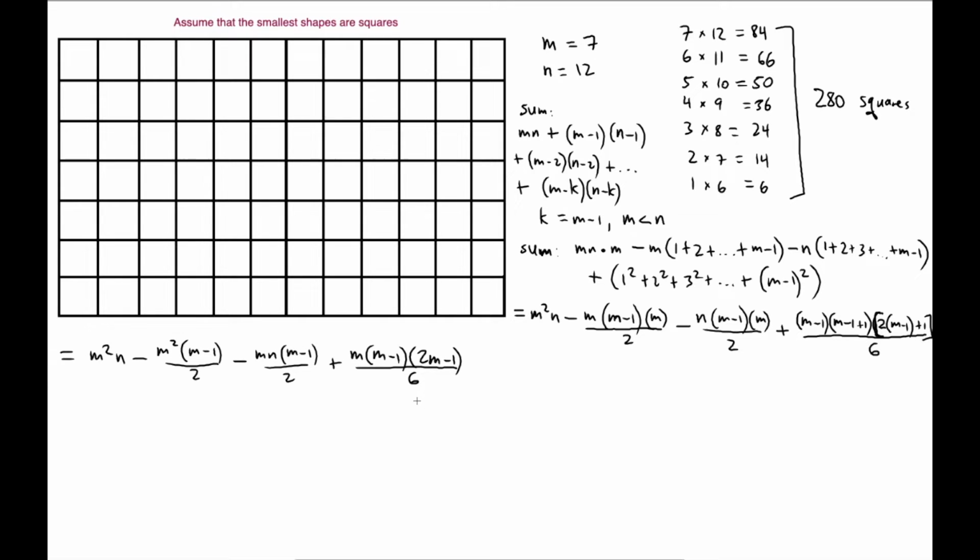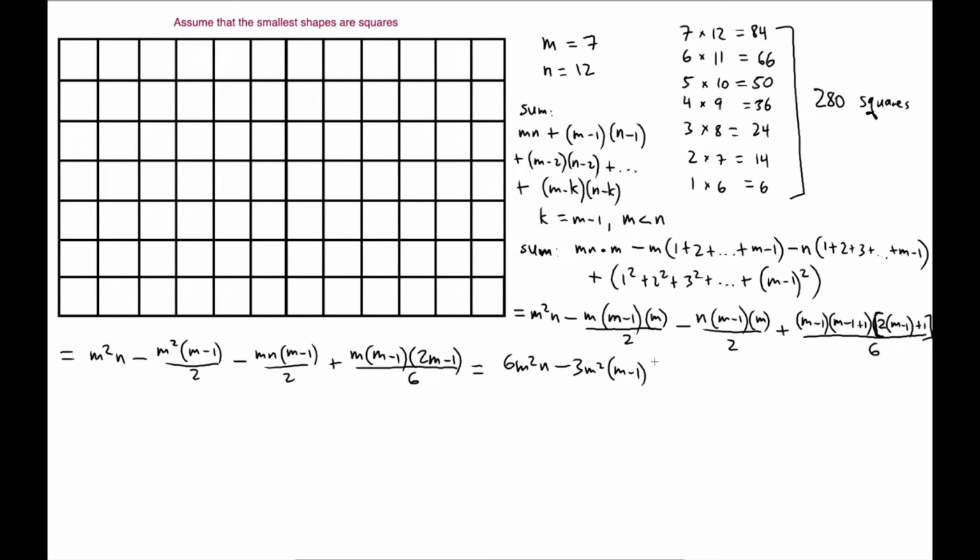All right, so this is getting less and less complicated, so let's see, what does it turn into? This turns into 6m squared n. Now, what am I doing? I'm basically making sure that we get all fractions with the denominator 6, right? So that's what it turns into. And then minus 3m squared times m minus 1. So notice I needed to turn this into a 6. That's why this gets to be multiplied by 3 as well.